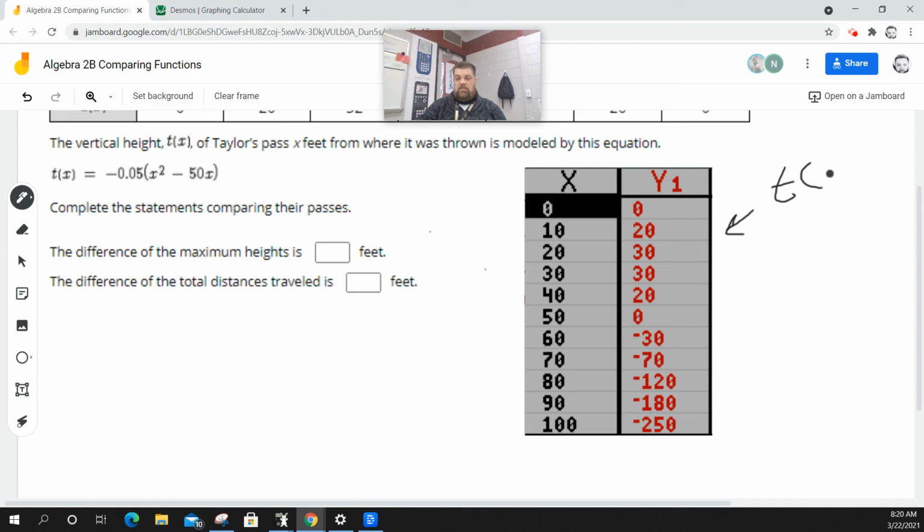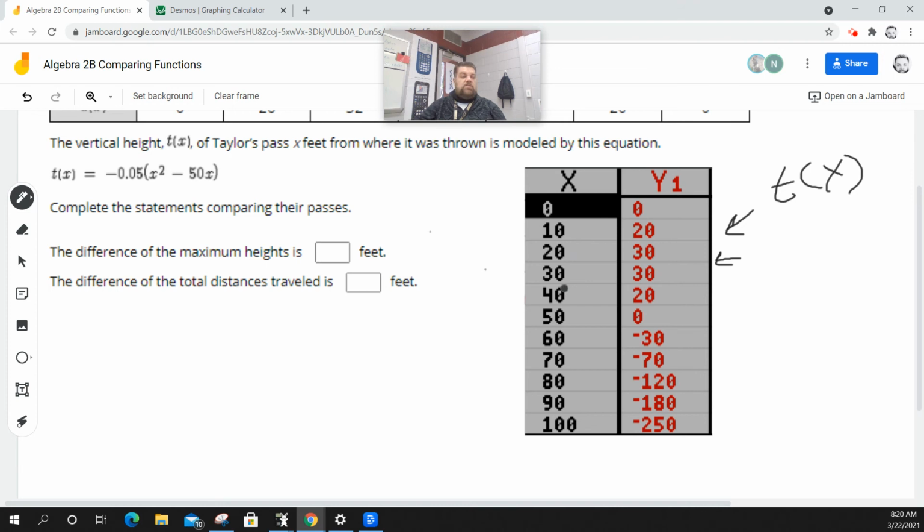It says the difference in the maximum height. So it looks like the maximum height is about 30, but now I need to be careful. It could fall between 25 and 30.